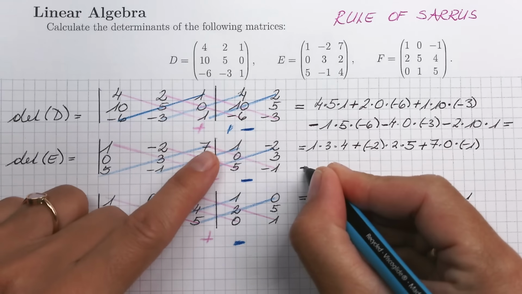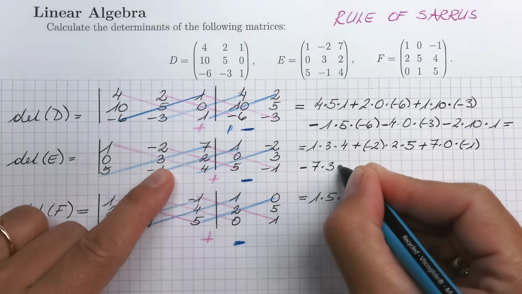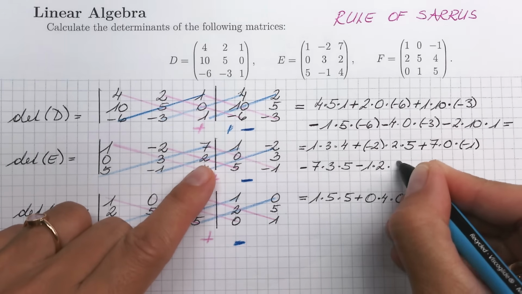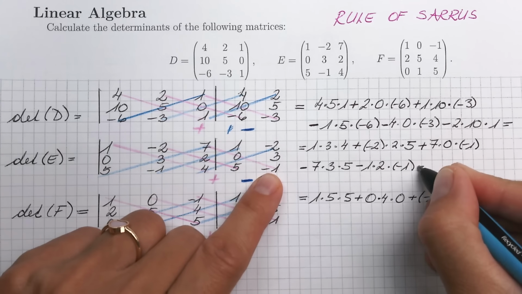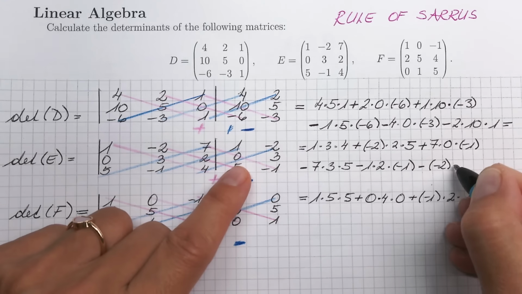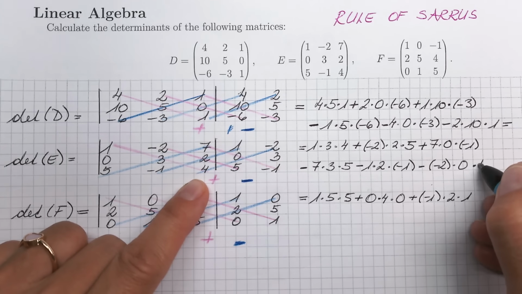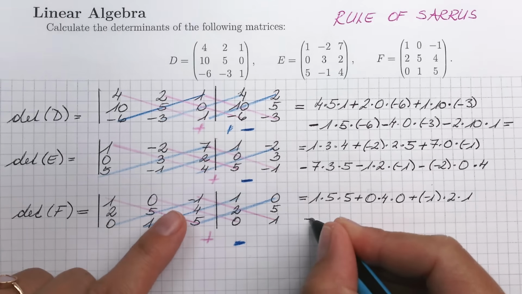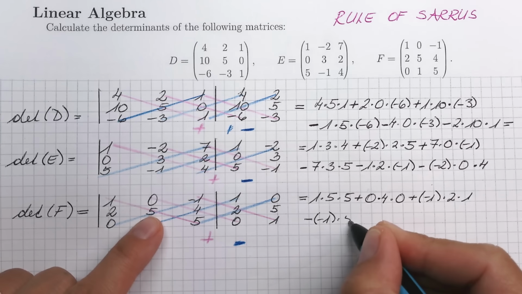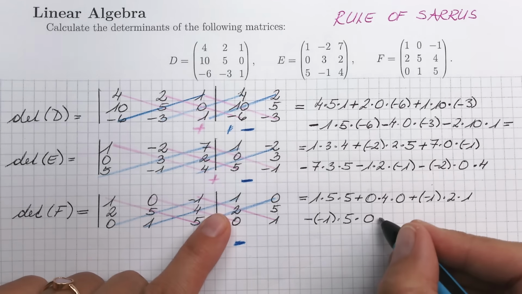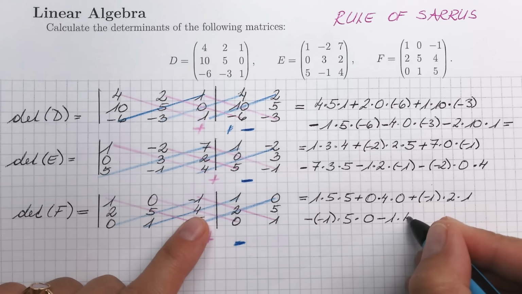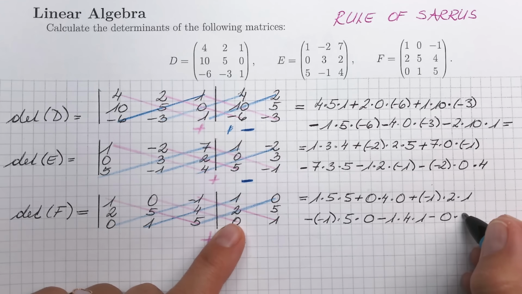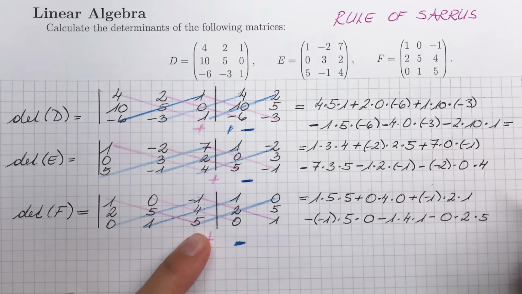It's again minus 7 times 3 times 5, minus 1 times 2 times minus 1, minus 2 times 0 times 4. And now for the last matrix, for matrix F, also minus 1 times 5 times 0, minus 1 times 4 times 1, minus 0 times 2 times 5.